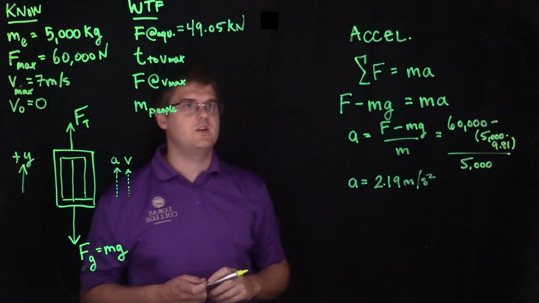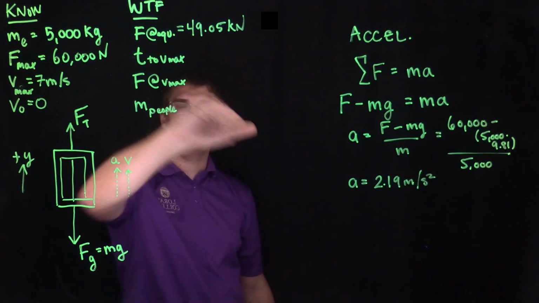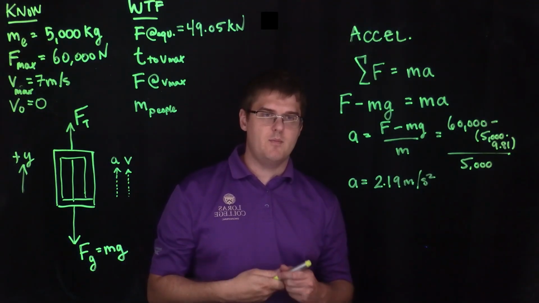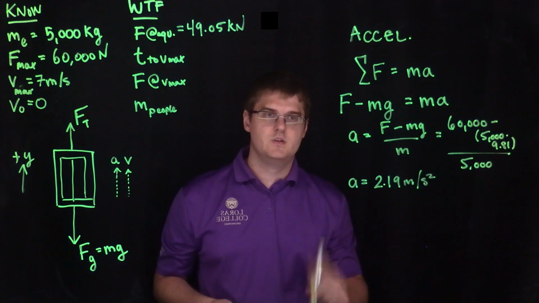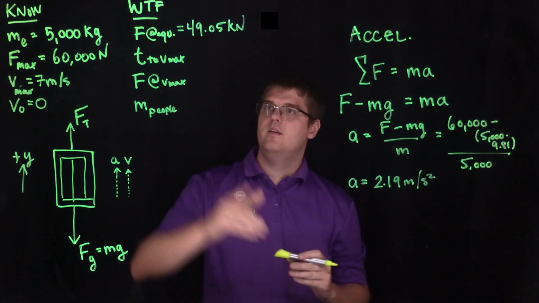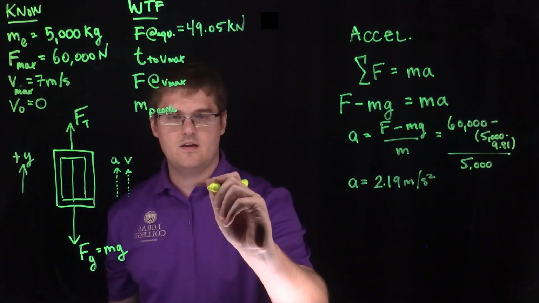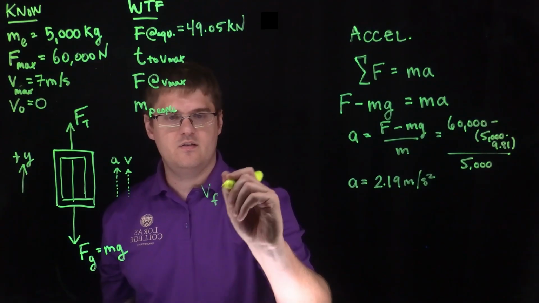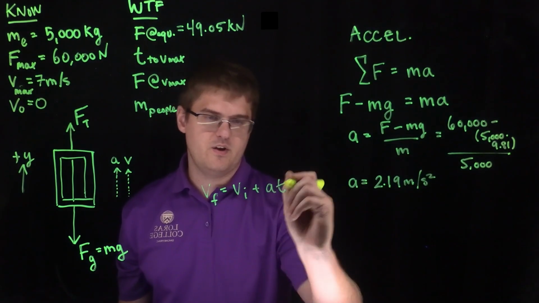I jumped straight to going for the acceleration because I know I'm asked for time, and I'm going to come into my kinematic equations. In order to get time, I've got equations that look like this. Velocity final is equal to velocity initial plus acceleration times time.